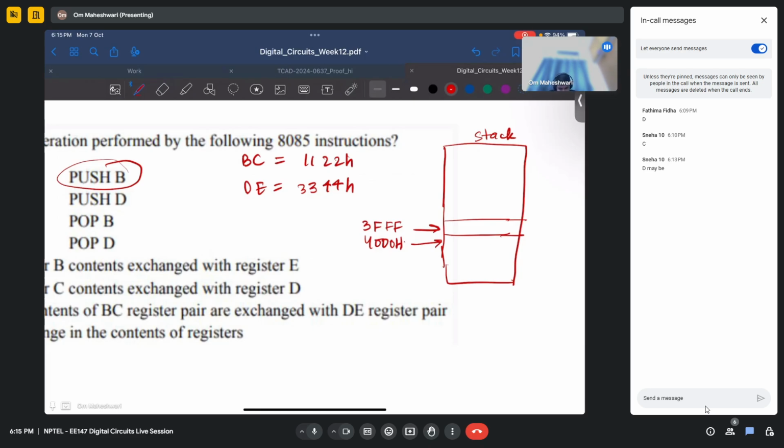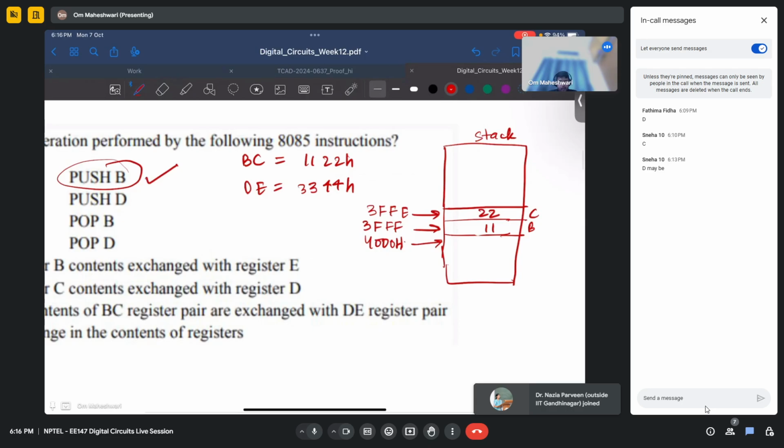It will first store the contents of B here, which is 11 in this case. Then it will decrement again, go to 3FFE, store the content of C, which is 22.